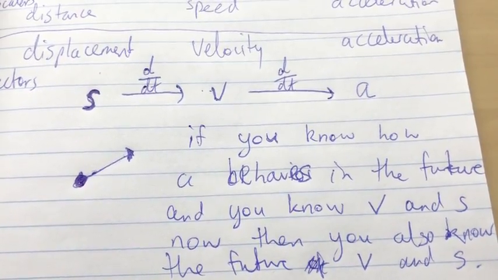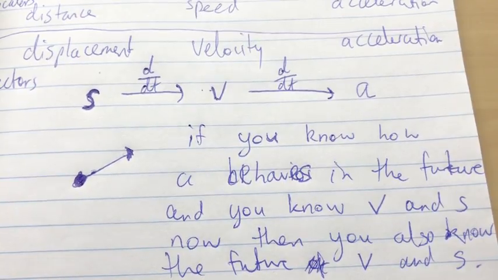So if you know how the object is accelerating and you know where it is and how fast it's going, then you'll also know where it'll be in the future and how fast it'll be going in the future.